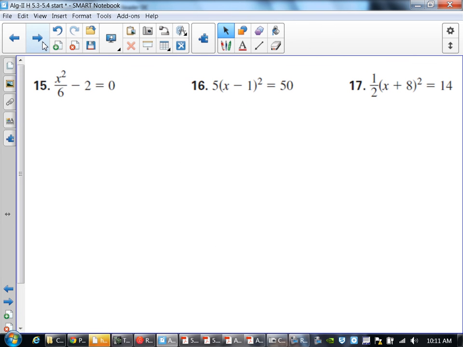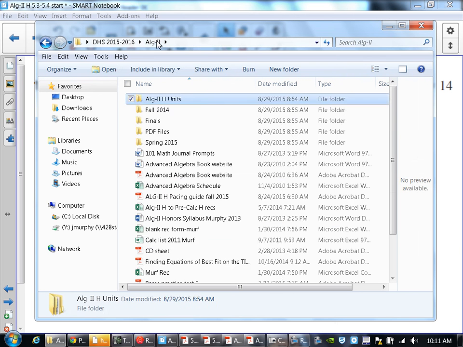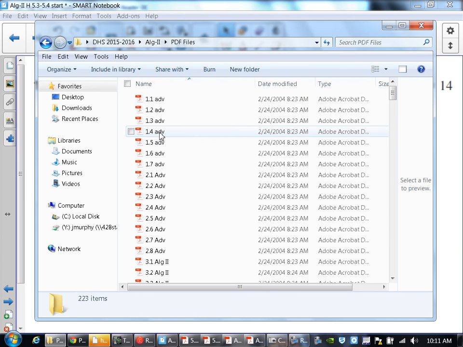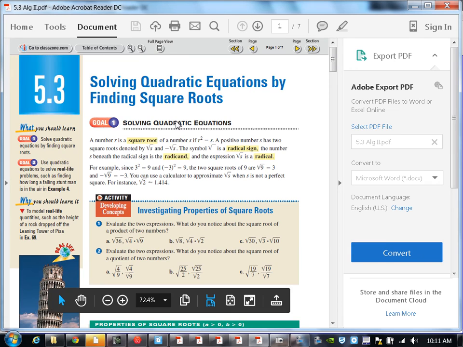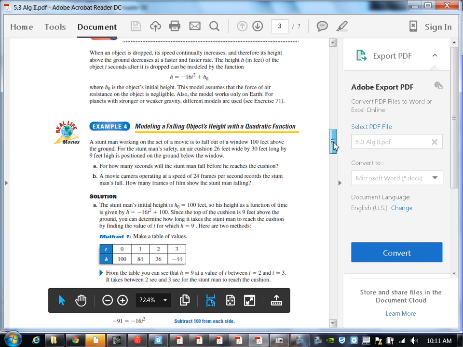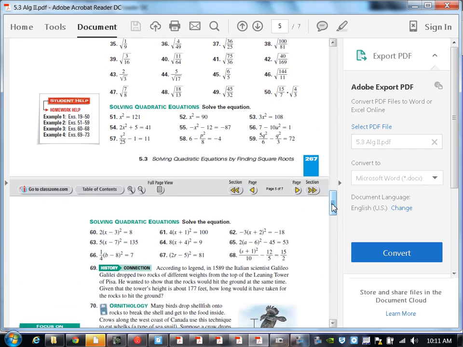So what I want you to work on tonight is a few of these, solving equations with this. Let me pick a couple of them. Let's do 54 to 65.